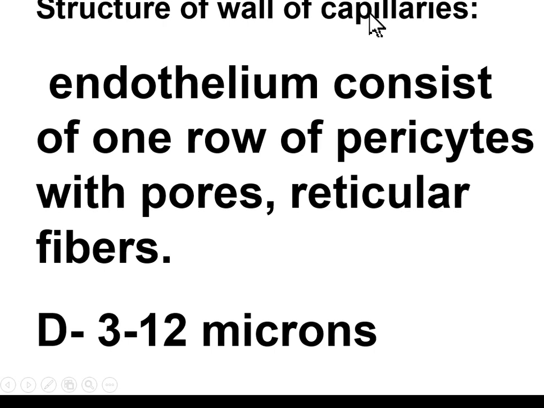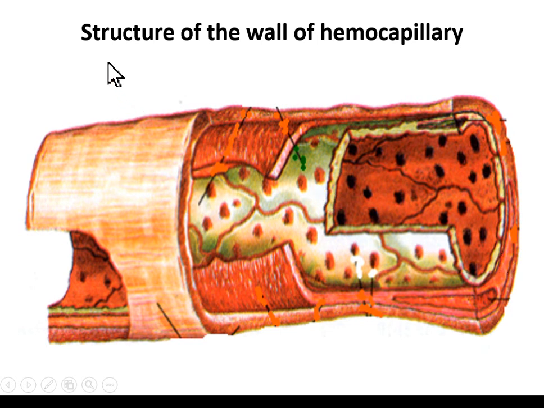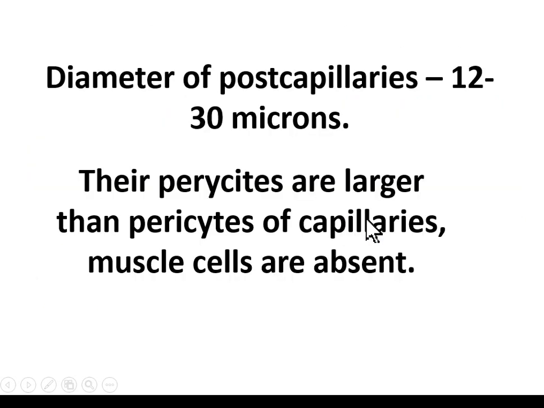In between the cells we can see the pores. On this picture you can see the structure of the wall of the hemocapillary. These are the cells, and in between them we can see the pores.